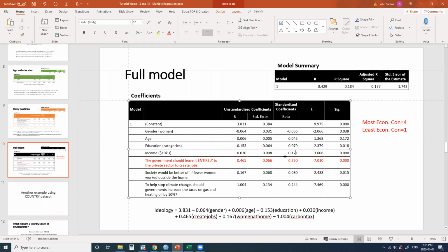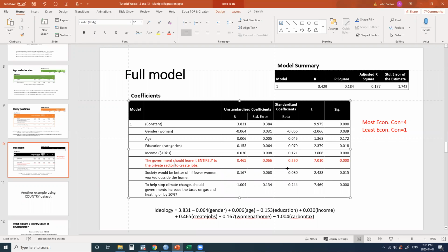And so we can look at the standardized coefficients, which convert all of these unstandardized coefficients, which have units attached to them, to z-scores, so that we can compare their relative impact on the dependent variable, because they have a common unit, which is z-scores now.